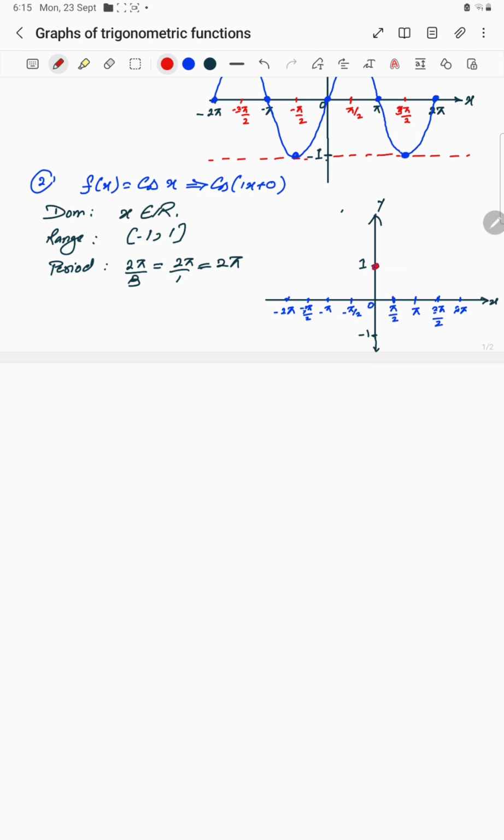you plot it here, and when it is pi by 2, it becomes 0. And it's better to draw these dotted lines to show that your graph will not cross these range values 1 and minus 1.